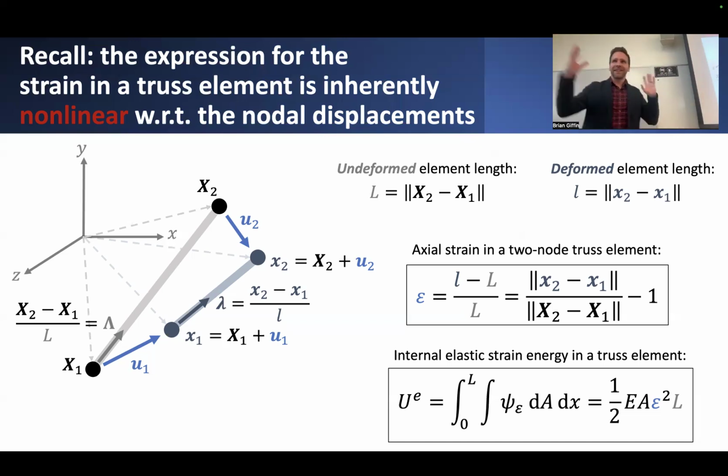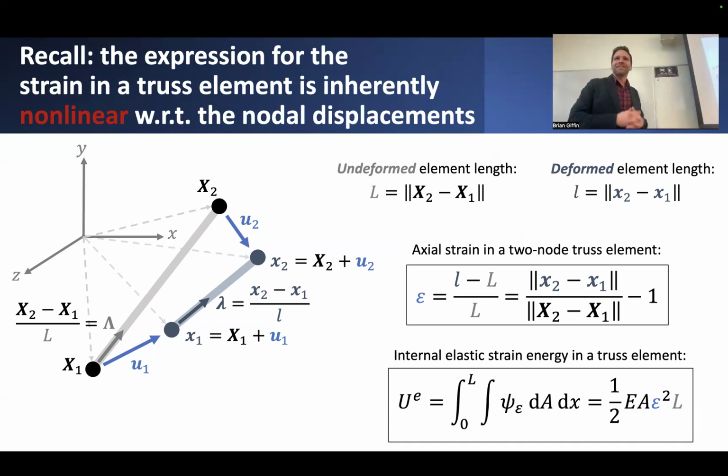Implicitly, epsilon is characterizing that nonlinear relationship between strain and displacement. So what happens now? We have an expression for the internal elastic strain energy in this element, which uses this nonlinear expression for strain.